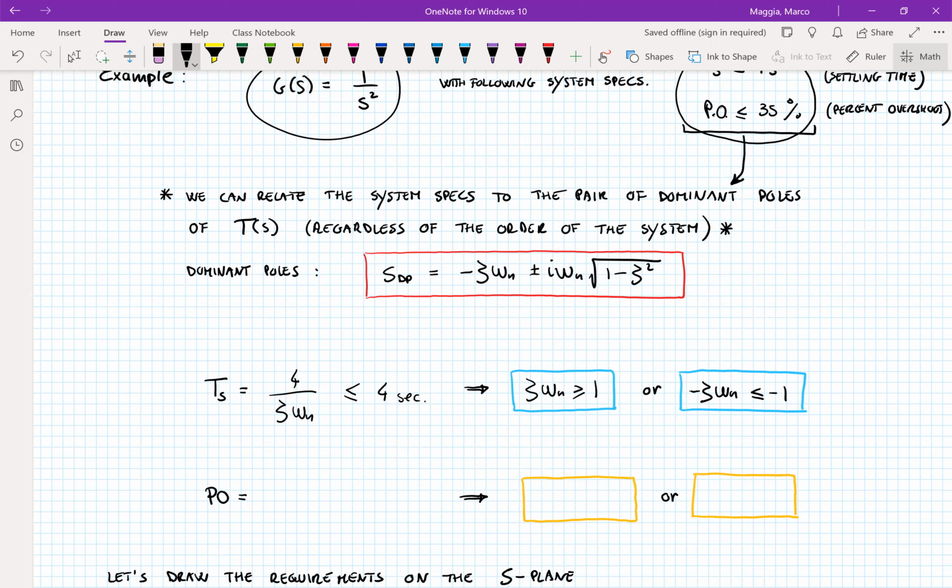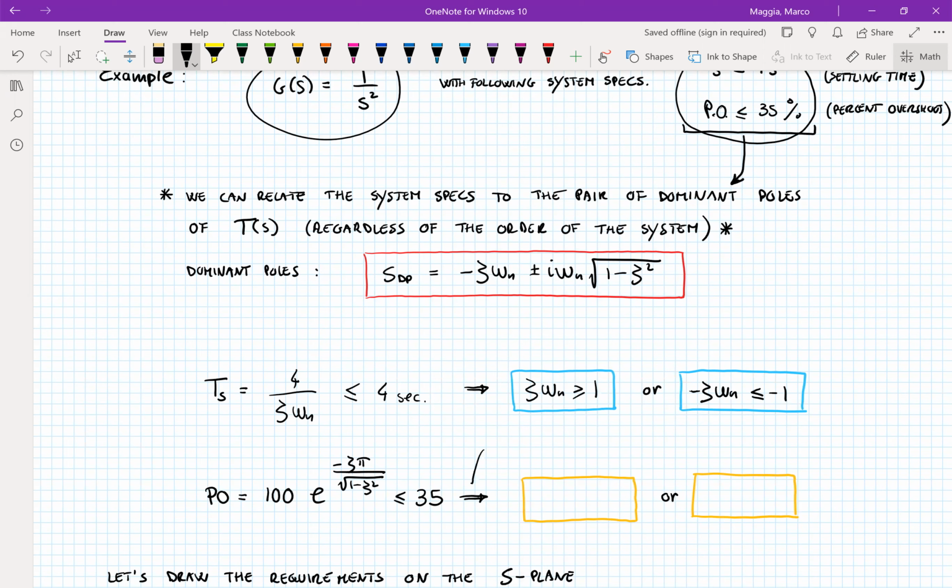Now, what about the percent overshoot? Well, we have that the percent overshoot is always linked to the damping ratio. And that is equal to 100 times e to the power of minus zeta times pi over square root of 1 minus zeta squared. So this has to be less or equal to 35.